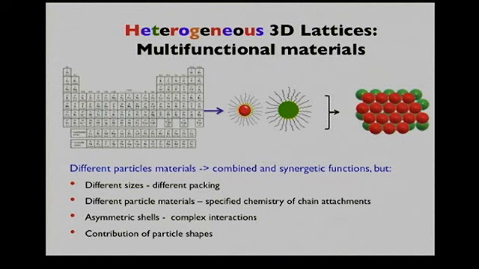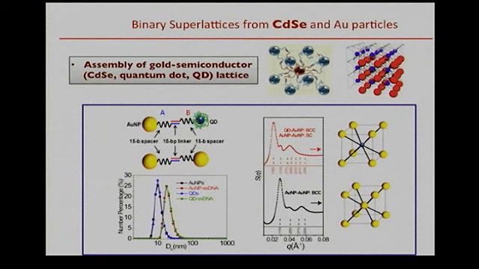So what I would like to show you is an example of a system where we have been able to overcome this and build a three-dimensional superlattice which contains both gold particles, which are plasmonic elements, and fluorescent particles, which are quantum dots, cadmium selenide particles.